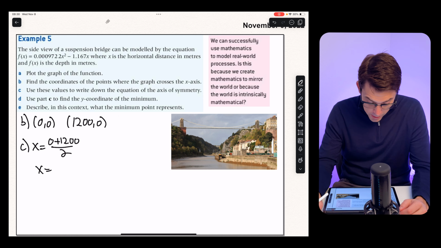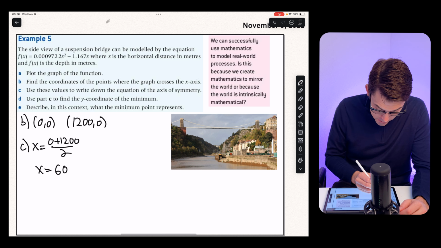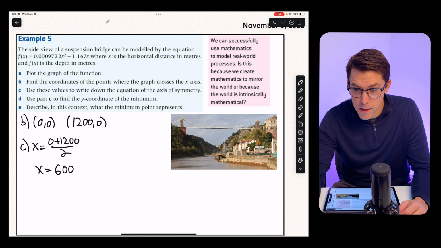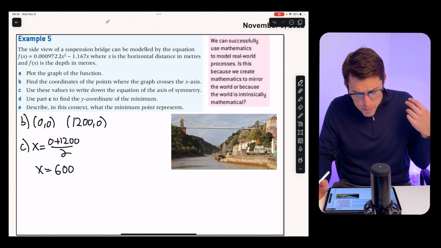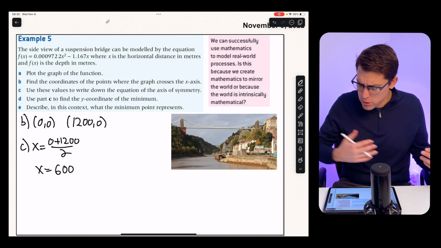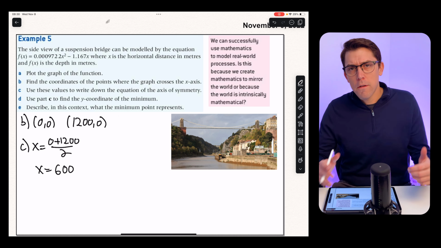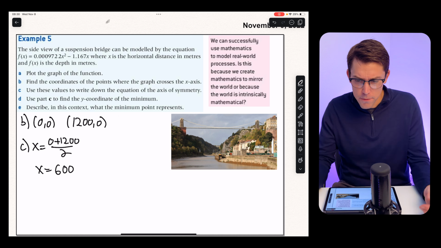That way I can find out what my answer would be, which in this case is just x equals 600. Keep in mind that we are rounding, so your answer might be slightly off. It depends on if you're supposed to round to a certain number of decimals, whole numbers, significant figures, whatever your teacher or the question asks for specifically.